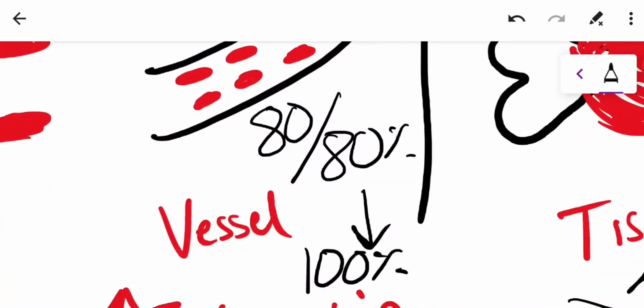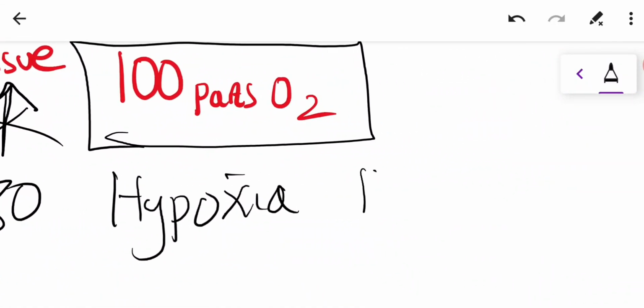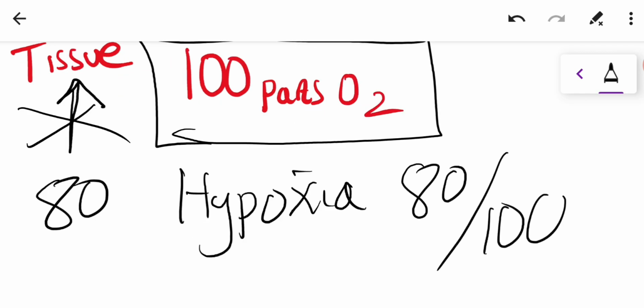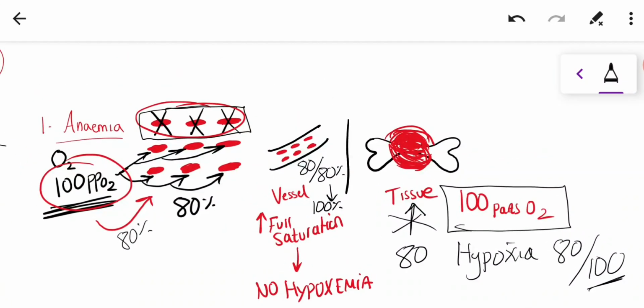Over here, we had 80 out of 80. We got full saturation. Here, we have 80 over 100. 100 is needed. So this is what I mean. You don't have hypoxemia, but you have hypoxia.